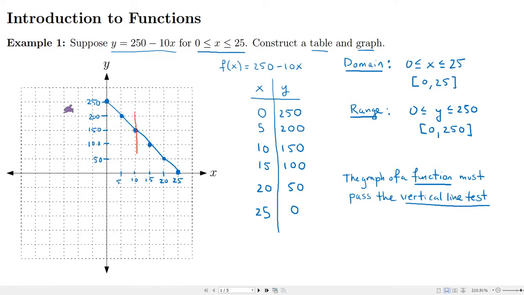Now, why do I say at most one? Well, if I drew this vertical line, it doesn't even intersect that function because the domain, this x value is not even part of that domain. But you can pick your vertical line anywhere, and it should only intersect that function at most once.